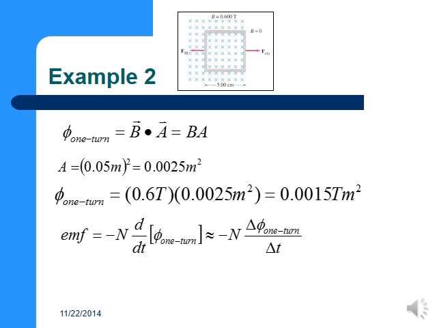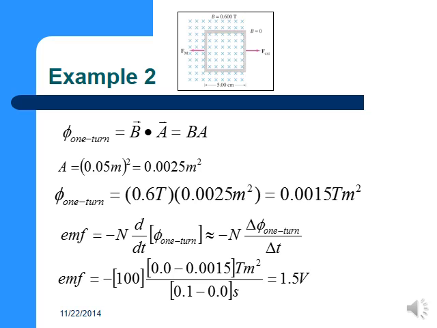And that's where the trick to solving this problem lies, in taking that d phi dt and turning it into a delta phi delta t. We can do this for short time intervals. When we plug in all of these intervals, we get negative 100 turns times final flux minus initial flux over final time minus initial time, giving us 1.5 volts induced EMF.